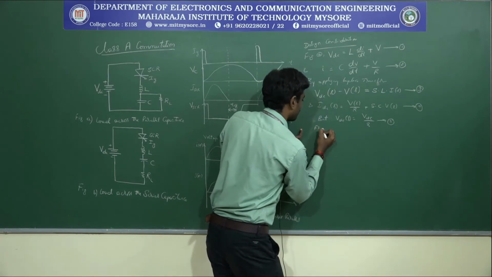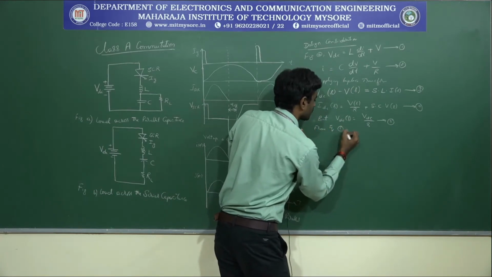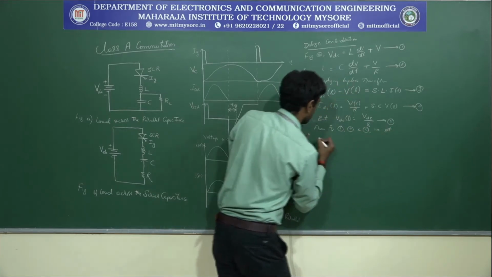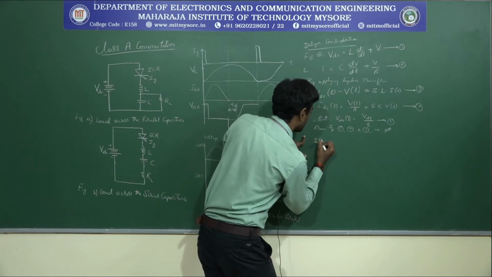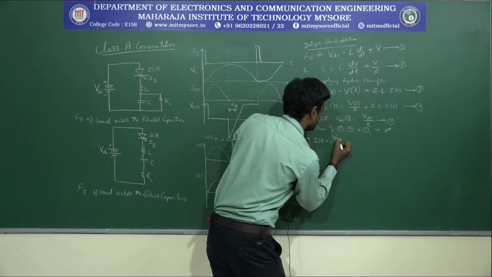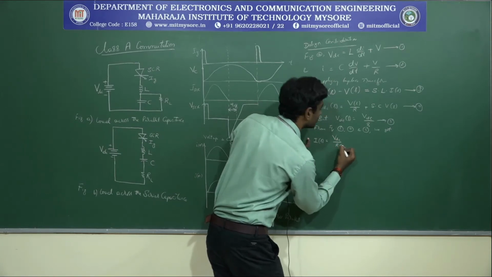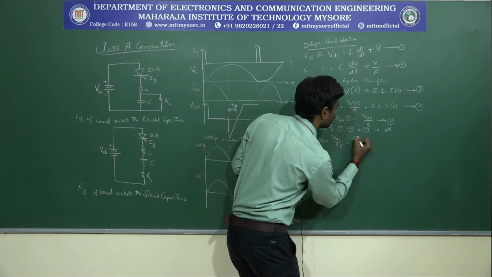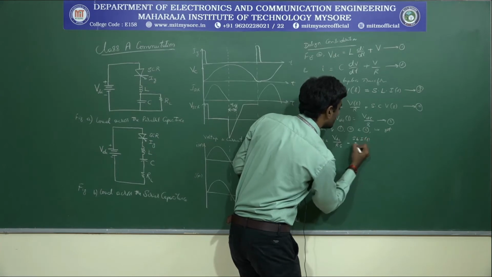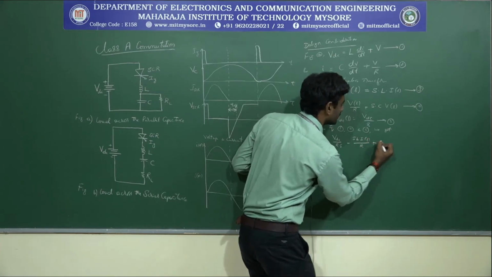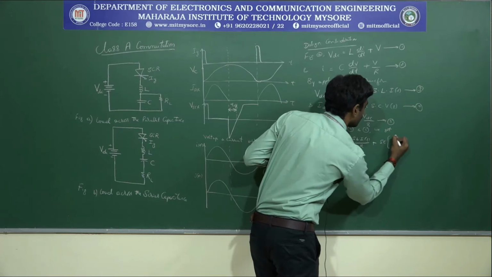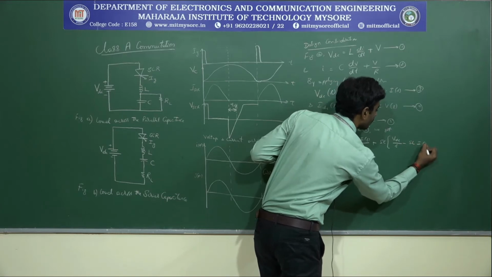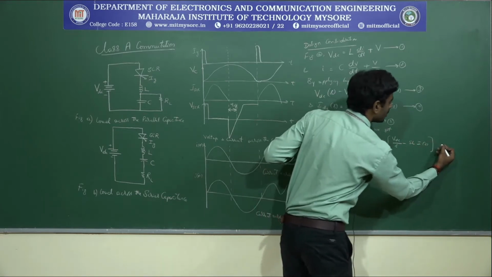From equations 3, 4 and 5 we get I of S will be equal to VDC of R into S, minus S into L into I of S, divided by R plus SC into VDC divided by S minus SL into I of S. I will consider this as another equation.